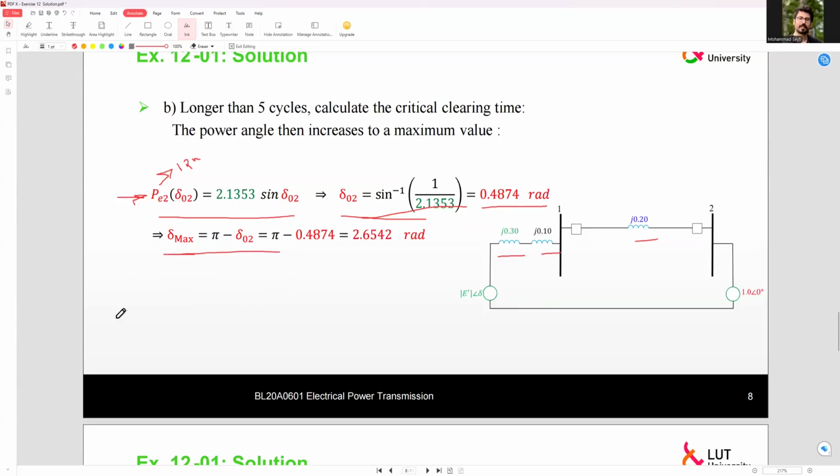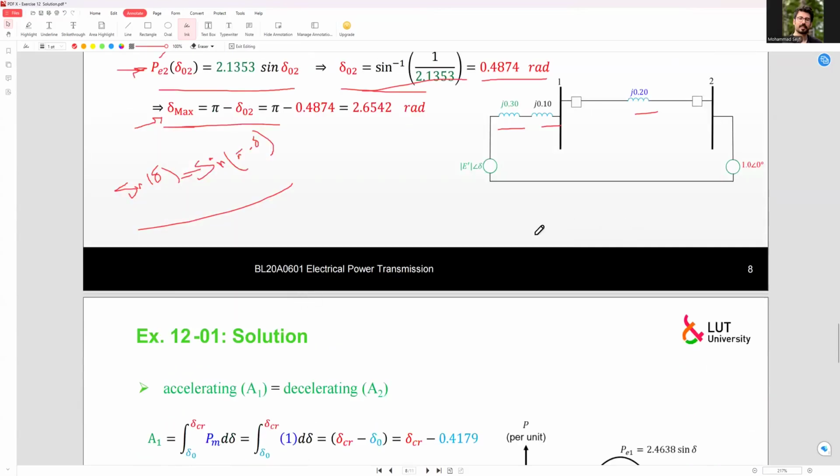You know that sin of delta is equal to, right? So using this, we calculate delta max, in which we face the instability in the system.